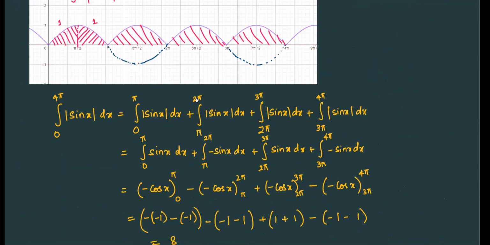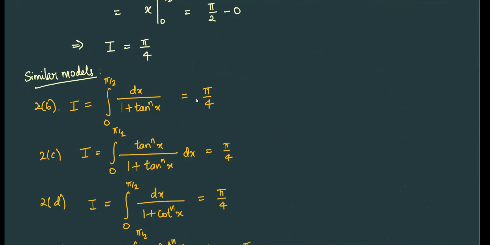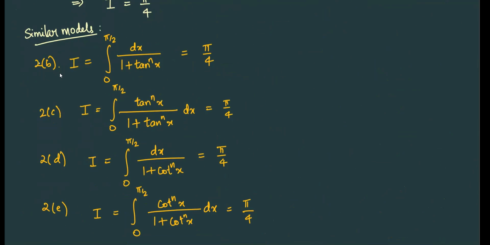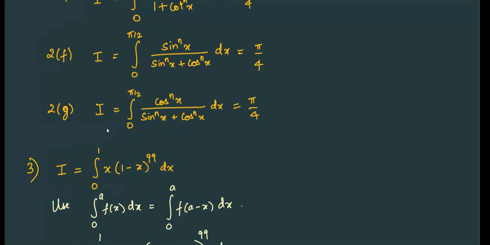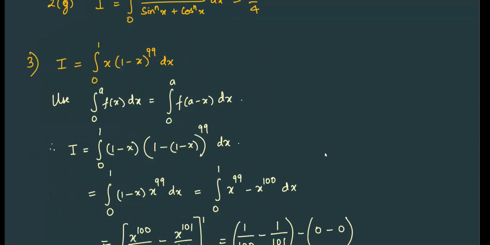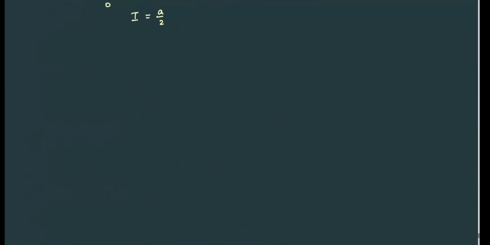So we should just practice that. Property 4, these modules 2b, 2c, 2d, 2e, 2f, 2g. If you do these, then you will get an idea how to do the one which we have done just now.